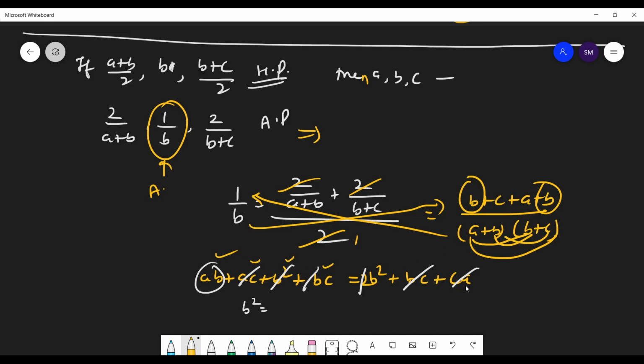So is there some problem this side? Yes, student, this is C. This is BA, not CA. Okay. So AB term will cancel out and BC will survive. So B square is equals to BC. Okay. Oh, sorry. B square equals to AC. Yes, sir. AC. BC will cancel out. B square is equals to AC.